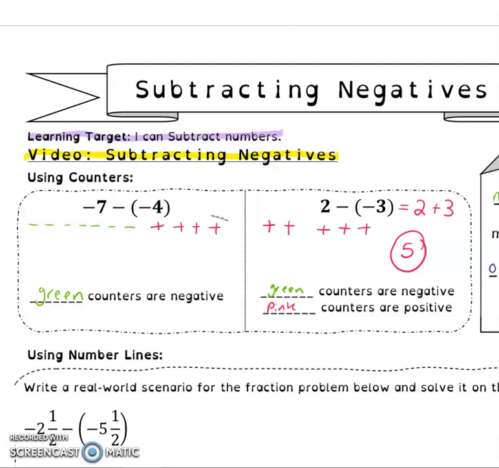But now I have positive and negative. If I move these positives down here, don't I create 4 more zero pairs? 1, 0, 2, 0, 3, 0, 4, 0. And what am I left with?